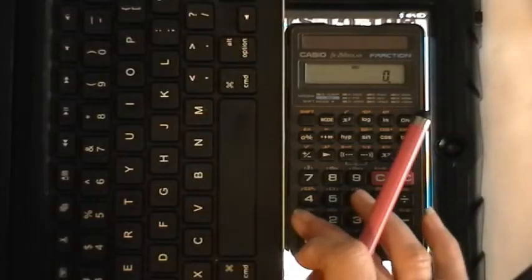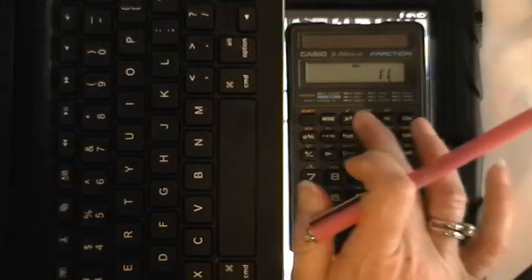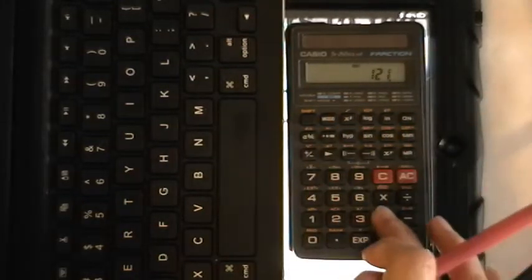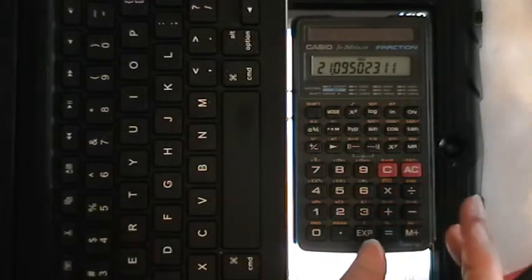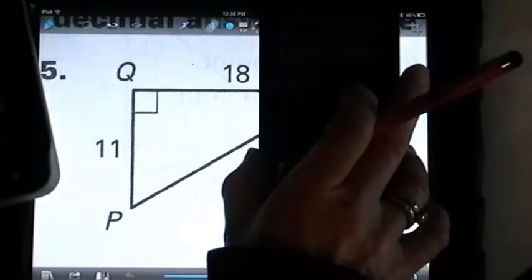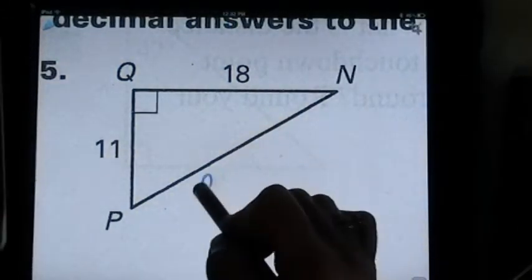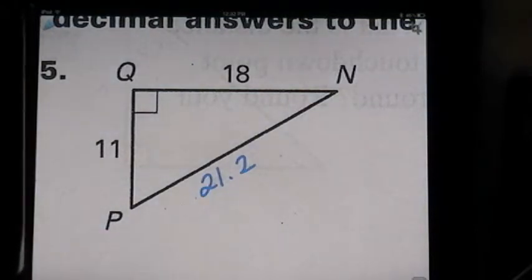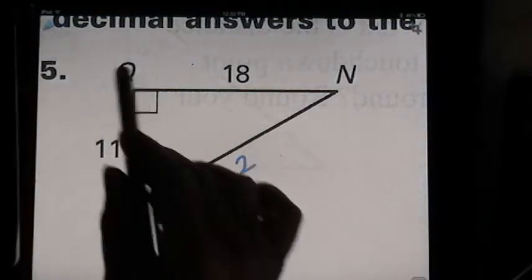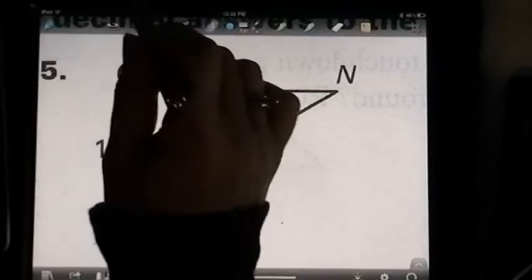On my calculator, I'm not going to make you write these things down all the time if you don't want to. 11 squared plus 18 squared equals, now I'm going to take the square root of that, and that gives me c. It's 21.09, which rounds to 21.1. Oh, I said 21.1, I wrote 21.2.